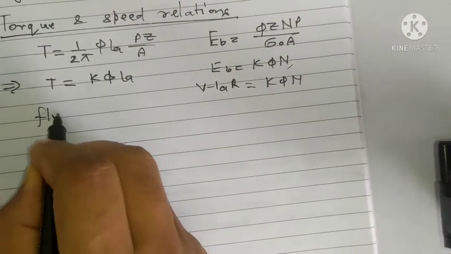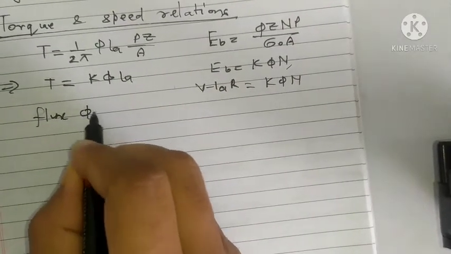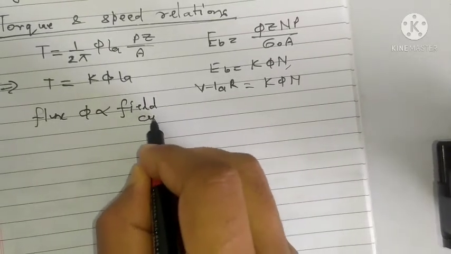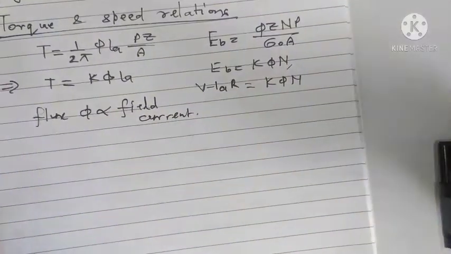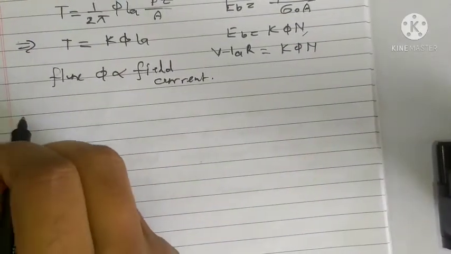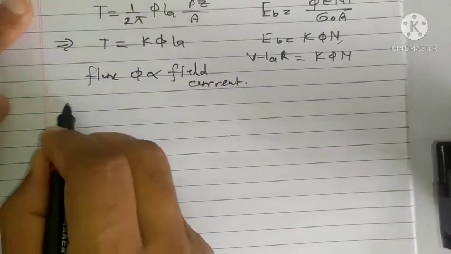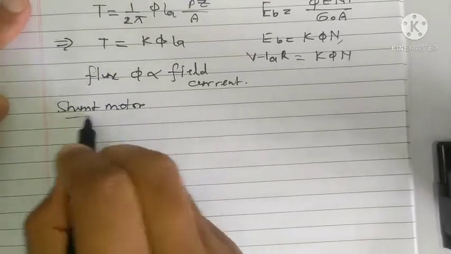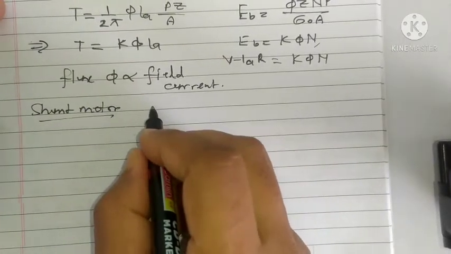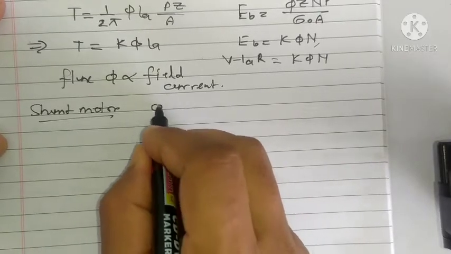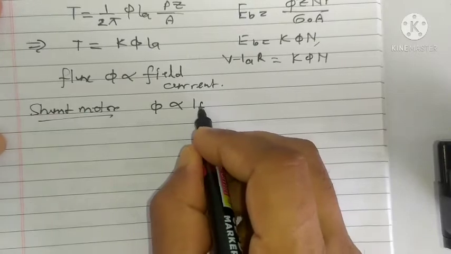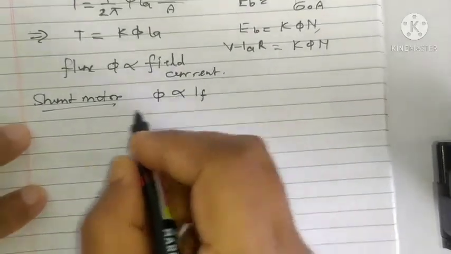And flux in the machine, phi, depends on what? Field current. It depends on field current. For a shunt motor, phi is directly proportional to field current, right?